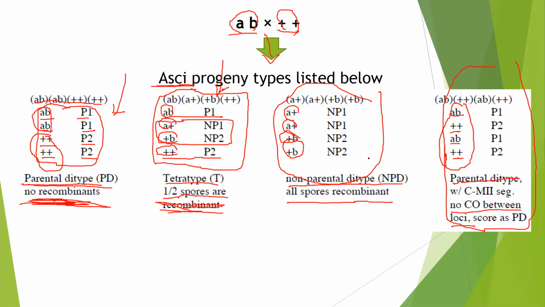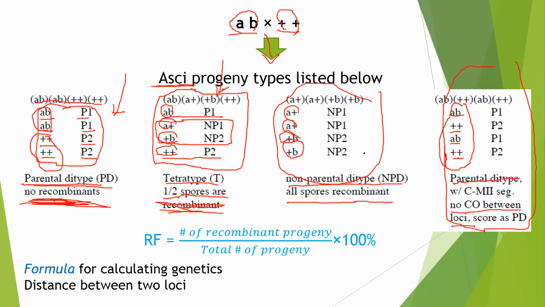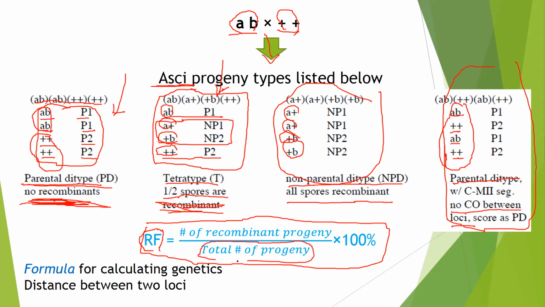Okay, now the formula is very easy. We still use the basic formula. The recombination frequency, which is defined as the genetic distance between genes A and B, is calculated using this ratio. The denominator is the same, the total number of progeny, the total number of ascus actually.